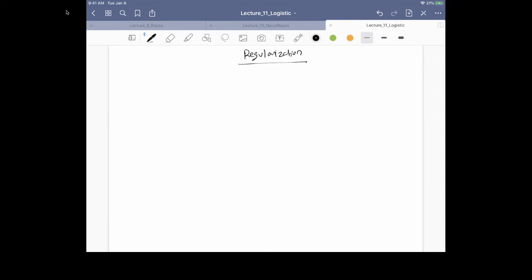So without regularization, the optimization problem is just this: minimum over w comma b of the sum over i from 1 to n of L of xi comma yi comma w comma b. So these are my parameters theta. And now I can actually do two kinds of regularization.